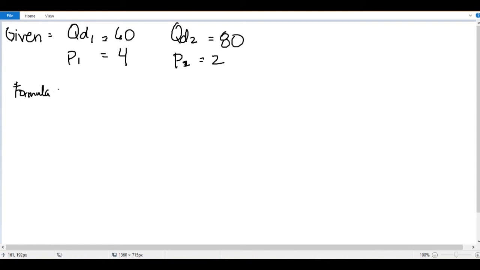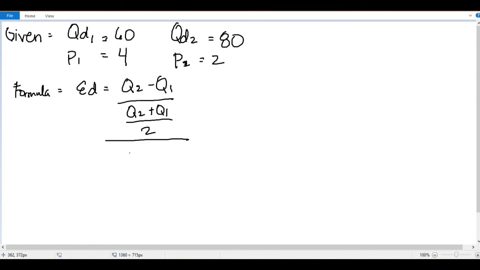Formula, again, recite with me. Elasticity of demand is equal to QD2 minus QD1 over QD2 plus QD1 all over 2, all over P2 minus P1 divided by P2 plus P1 all over 2.